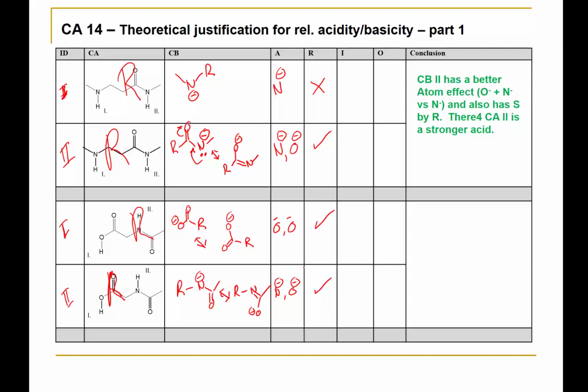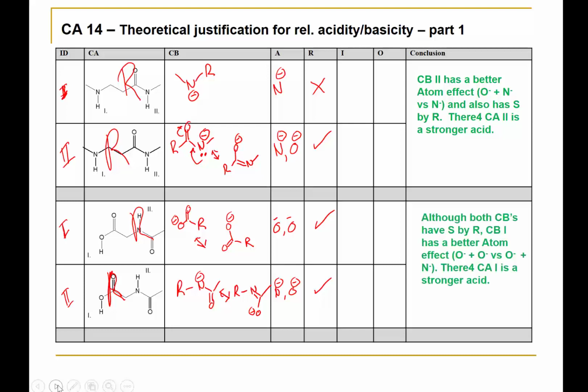So it's not so much the difference in resonance, it's a difference in the atom effect. To put this into words, it would go something like this. Although both conjugate bases have stabilization by resonance, conjugate base 1 has a better atom effect. Again, 2 oxygens with a negative charge versus 1 oxygen and 1 nitrogen.